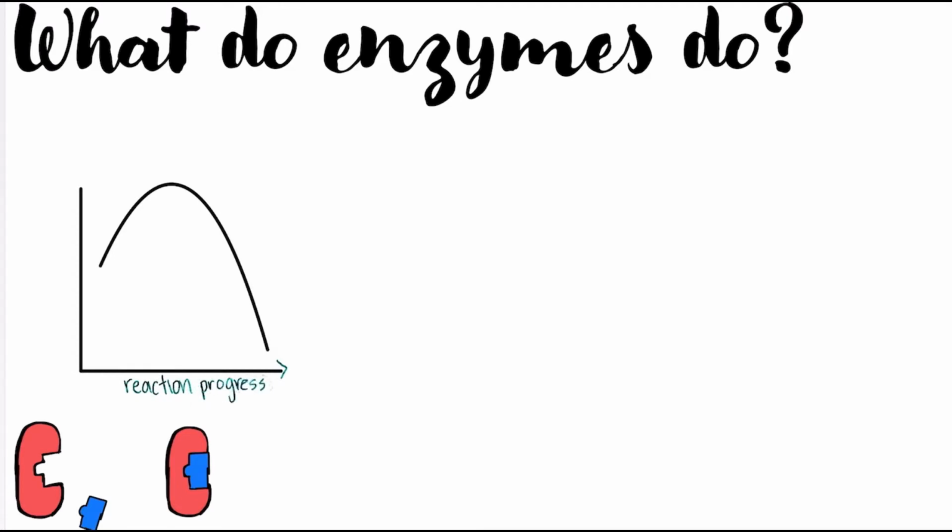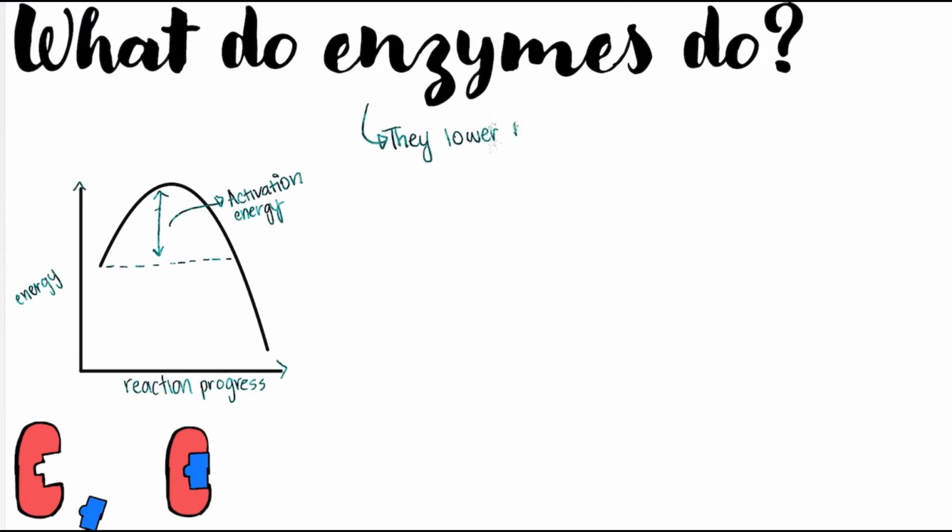What exactly are our enzymes doing? If we look at this chart right here, along the x-axis we have reaction progress, and on the y-axis we have energy. Before we can get our reactions started and convert reactants to products, a little bit of energy needs to go in and kickstart that reaction. That energy is known as our activation energy.